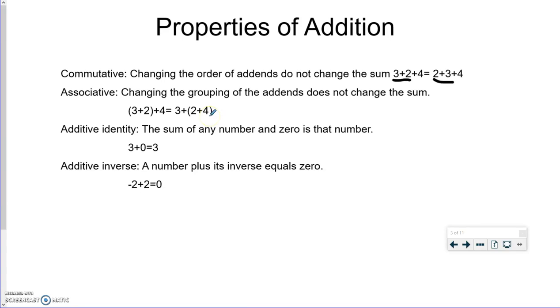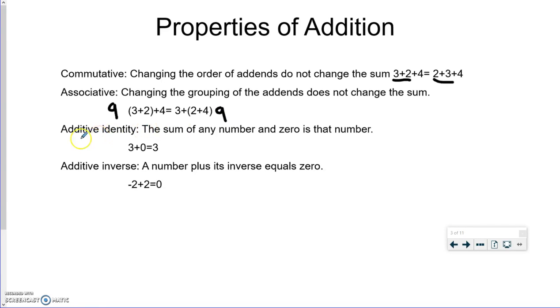If I do that, inside the parentheses I'll get 6, and if I add 3 to 6, I'll also get 9. So in both instances, I got 9. So all we're doing with the associative property is regrouping. We're associating our numbers in a different way.